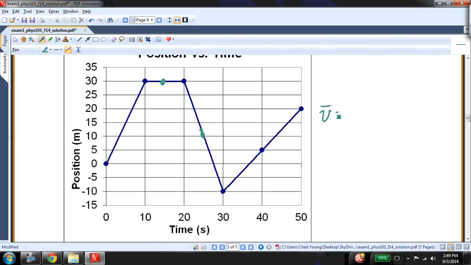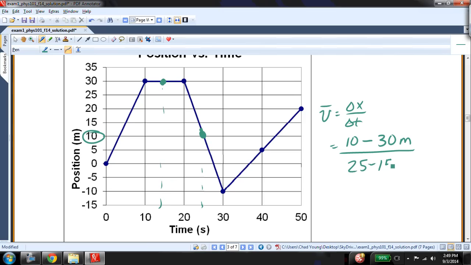So average velocity is delta x over delta t. That is going to be this position, which is 10. That's my final position, minus this position, which is 30. That's my initial position, over my change in time, which we said is 25 and 15 seconds. So that's negative 20 over 10, which is negative 2 meters per second.